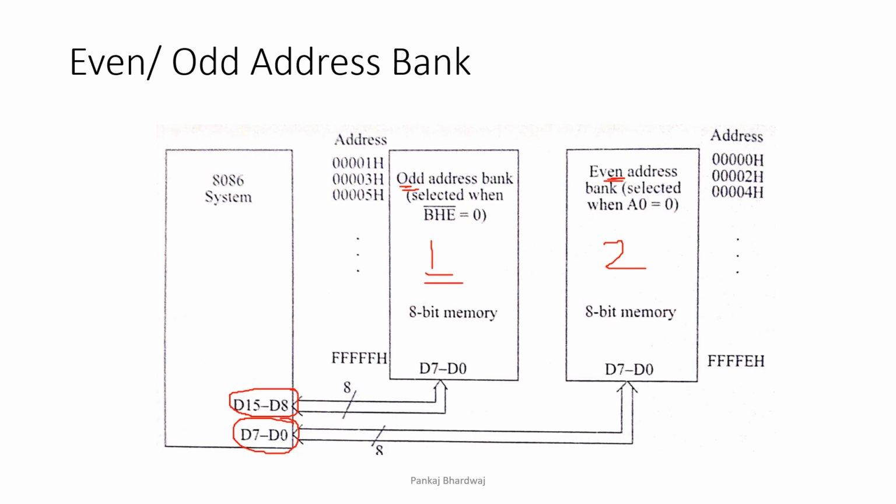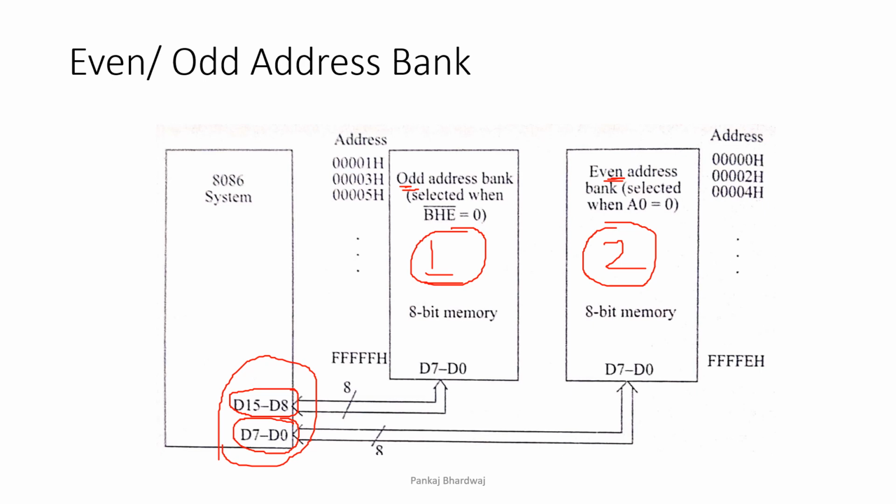But in this fashion, 2 is connected to the lower byte of the data and 1 is connected to the higher byte of the data. So first we need to access 2, then we need to access 1. That means to access the complete 16 bits of data, we need to follow 2 cycles.